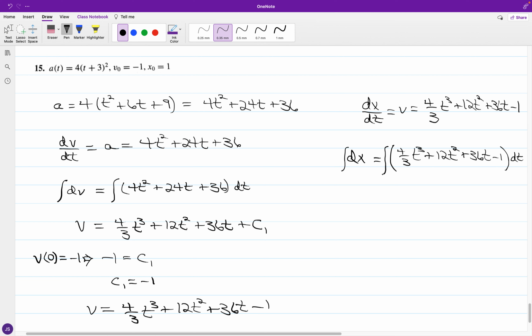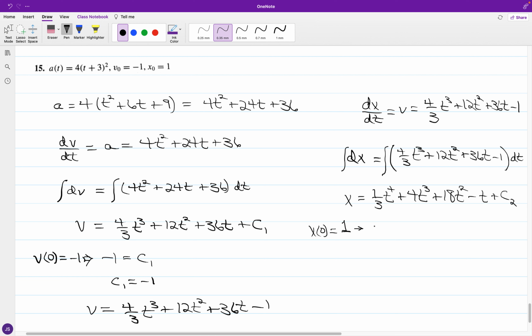integrating on both sides. So we have x is equal to 1/3 of t to the 4th plus 4t cubed plus 18t squared minus t, plus the second constant.